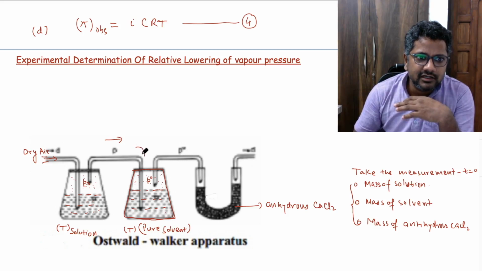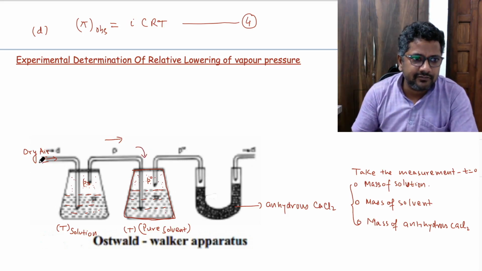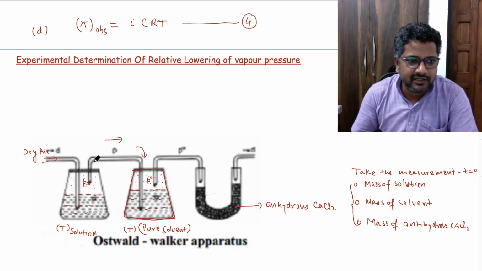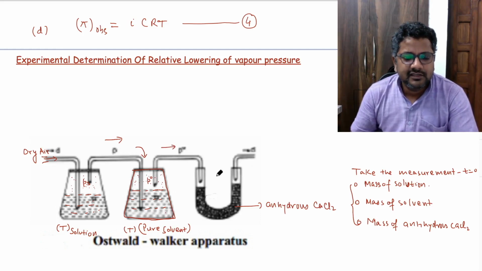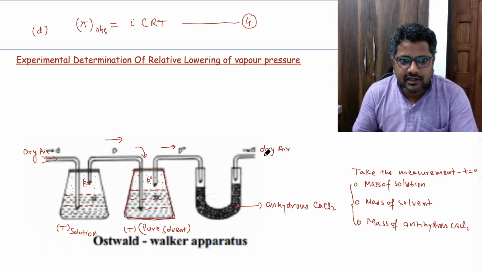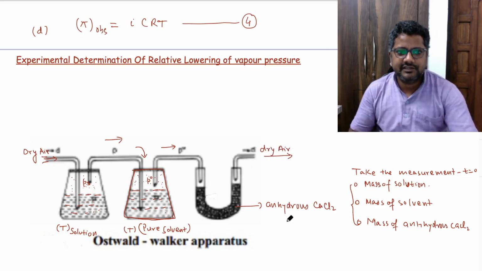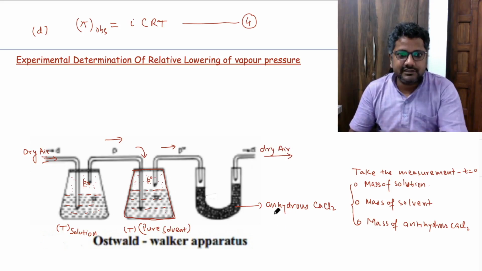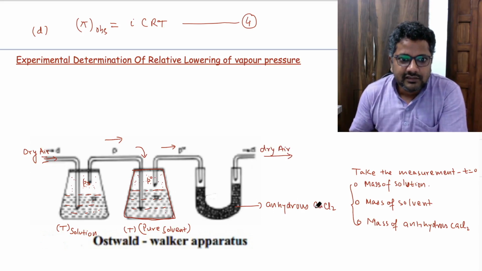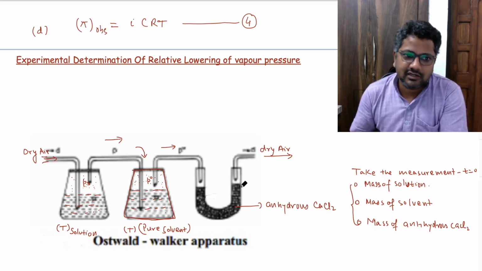From here dry air is coming, and this wet air picks more water vapors and passes to this side, and finally this passes through the anhydrous calcium chloride, and the dry air comes out from this side. So the anhydrous calcium chloride absorbs water vapors.